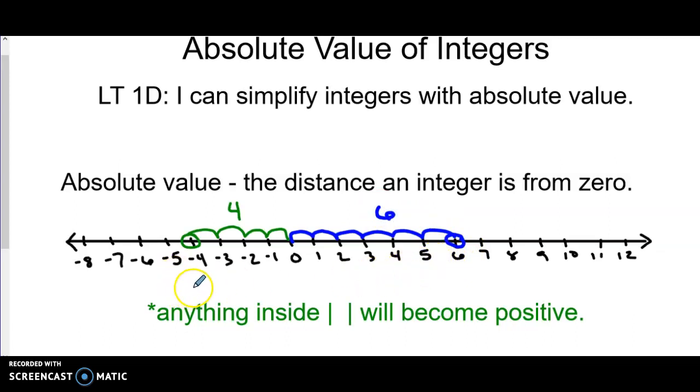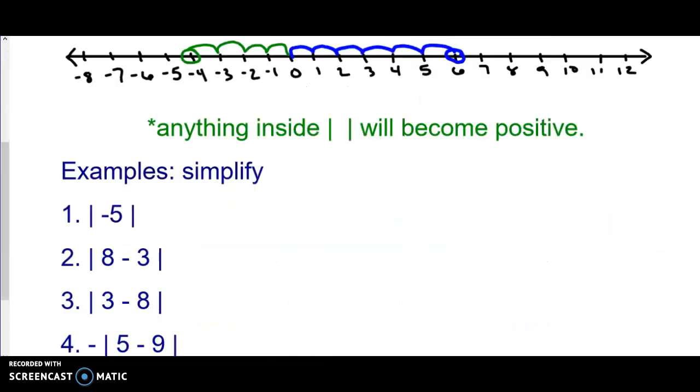Now notice that even though we looked at the absolute value of a negative number, -4, and we look at the absolute value of +6, the distance away from 0 for both of those is positive. So anything inside of the absolute value symbol will be positive. Any number, regardless of whether it's a negative number or a positive number, anything inside of this absolute value symbol will be positive.